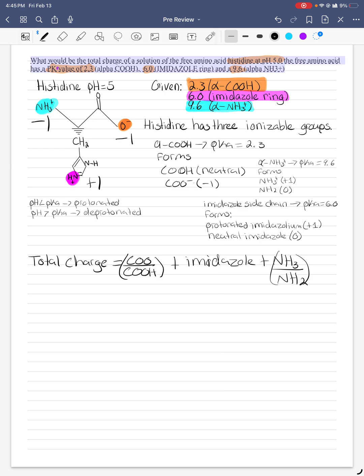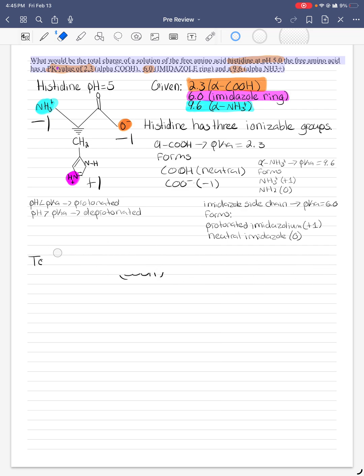Matter of fact, there's another way that's simpler, the way we can do this, right? So instead of doing that formula, we can just do it this way. This is -1, right? No, sorry. Oh, sorry, guys.